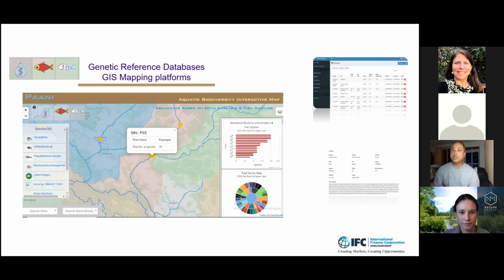So there are some limitations in terms of species-level identification, and that's because the resolution of these reference databases is not there yet to get you a very specific species-level identification.